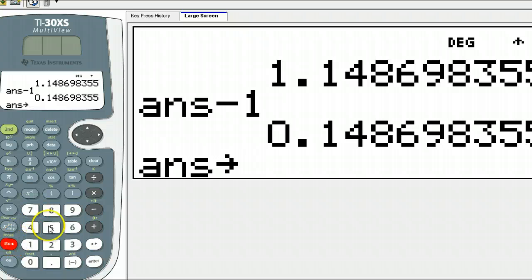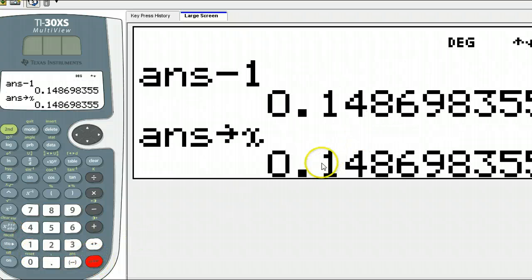So I hit that button. Now it's telling me where do I want to store it? Well, I will pick a variable. Now this is r, but r is not one of the choices, so I'll just use X. So if I do that and I hit enter, now that's telling me that this number is now entered for X, so we can use it.